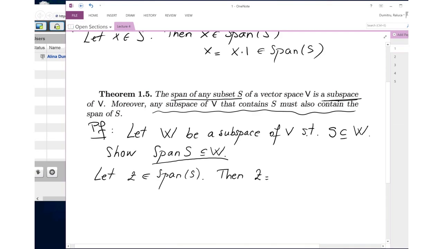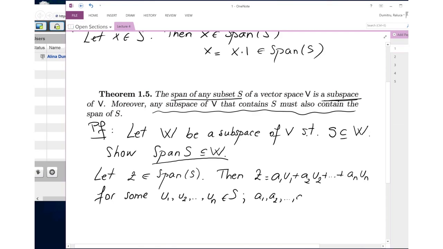But because it is in the span of S, you can write Z as a linear combination of some vectors of S. Let's say a1 u1 plus a2 u2 plus ... plus an un, for some vectors u1, u2, ..., un in S, and some scalars in the field.